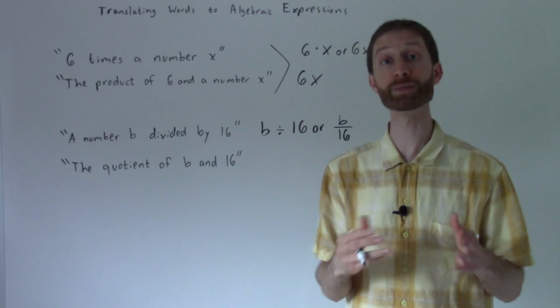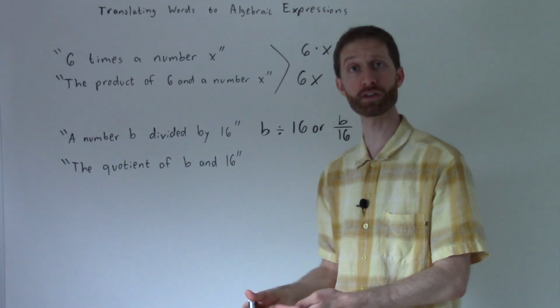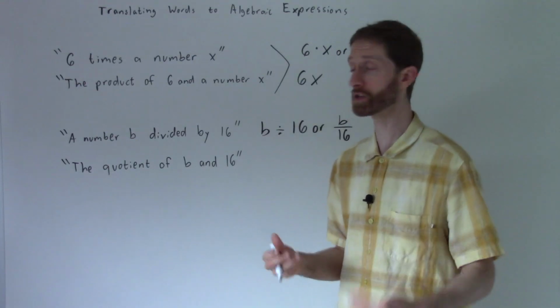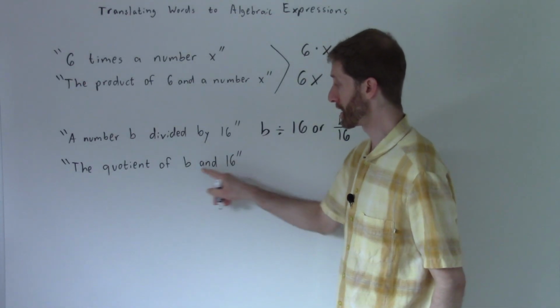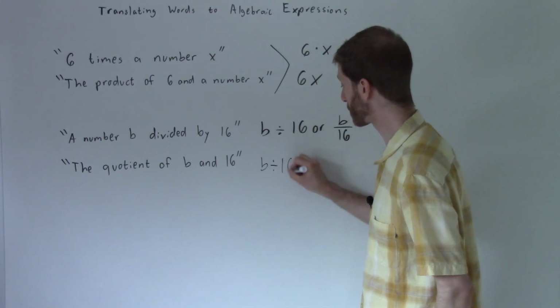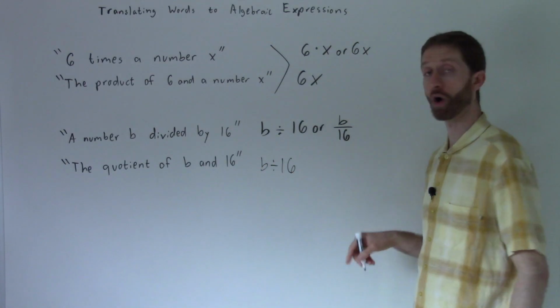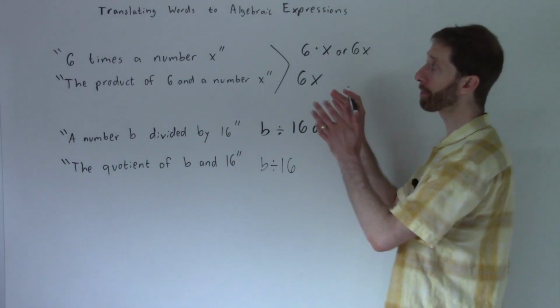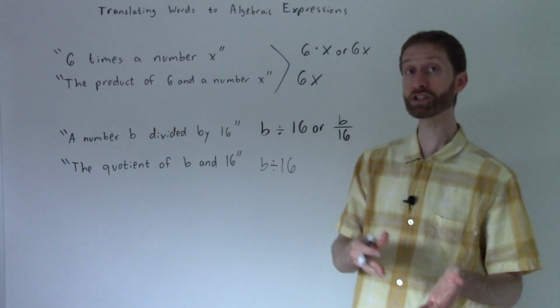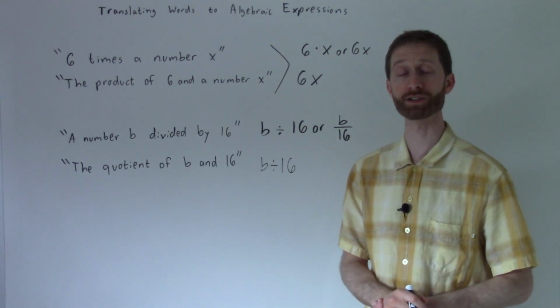Quotient in mathematics means the result, the answer to a division problem. So we can't simplify to the answer, but we can at least do the division. We are going to divide B and 16. Again, the order matters there. So you're going to get B divided by 16 or B over 16. Just a couple of other ways that we could translate given words into simpler algebraic expressions.